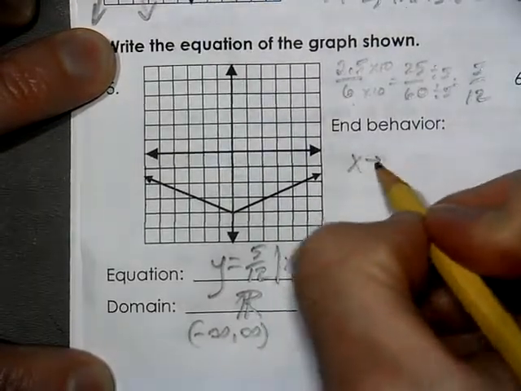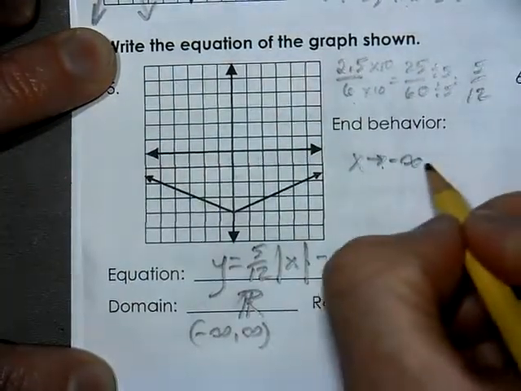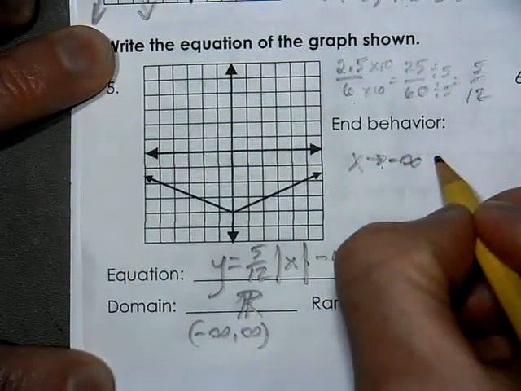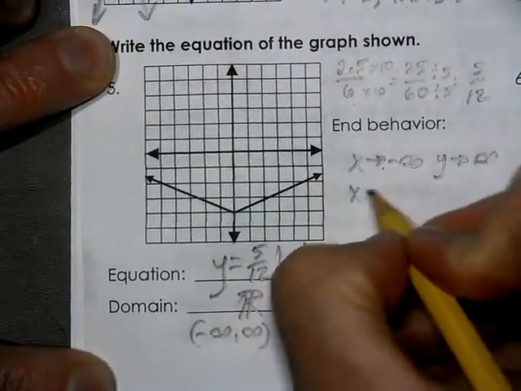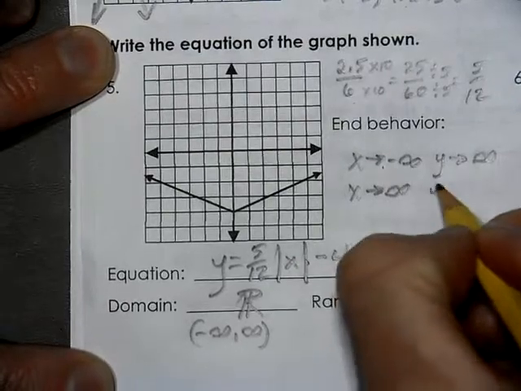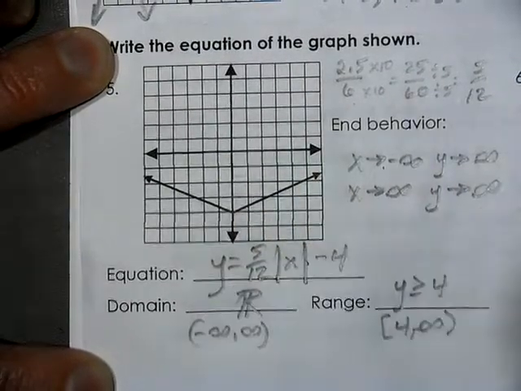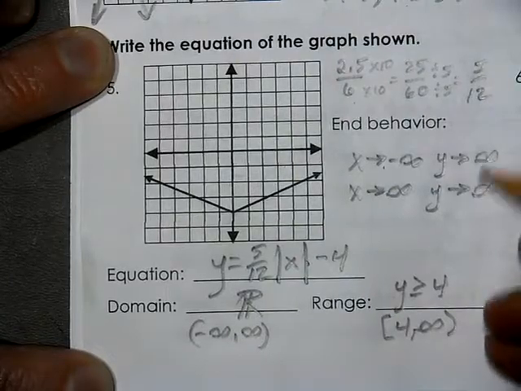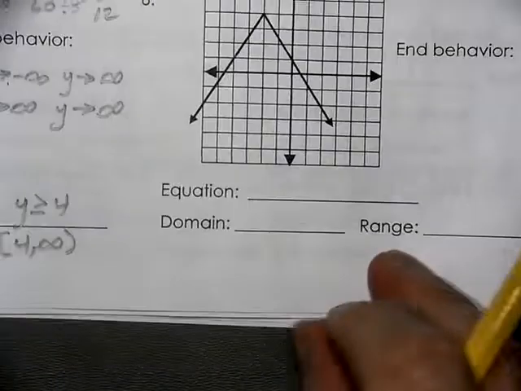So our end behavior, when you look to the left, the function's going upwards. And you look to the right, the function is going upwards. These results will always match each other.